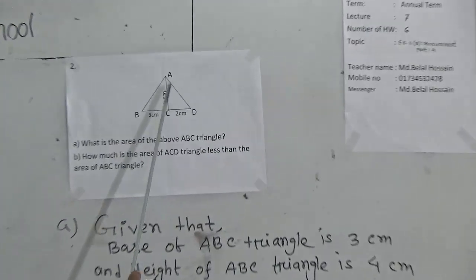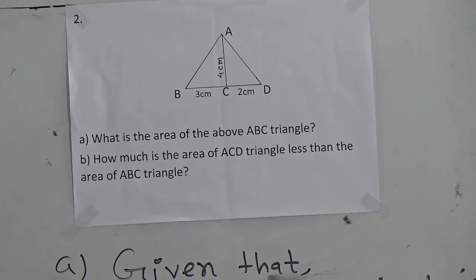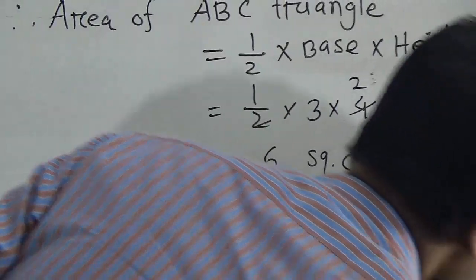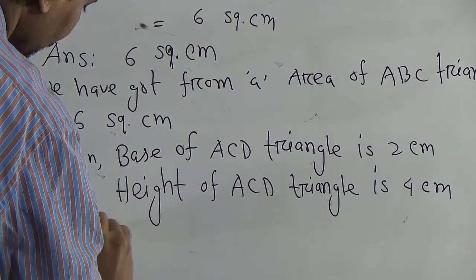Height of ACD triangle is AC. AC that means 4 centimeter. 4 centimeter.